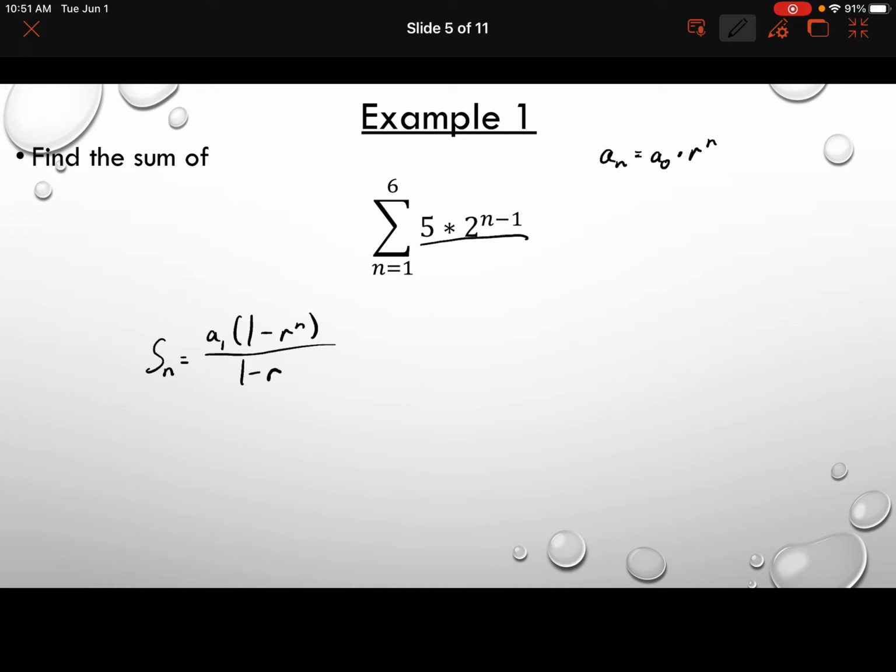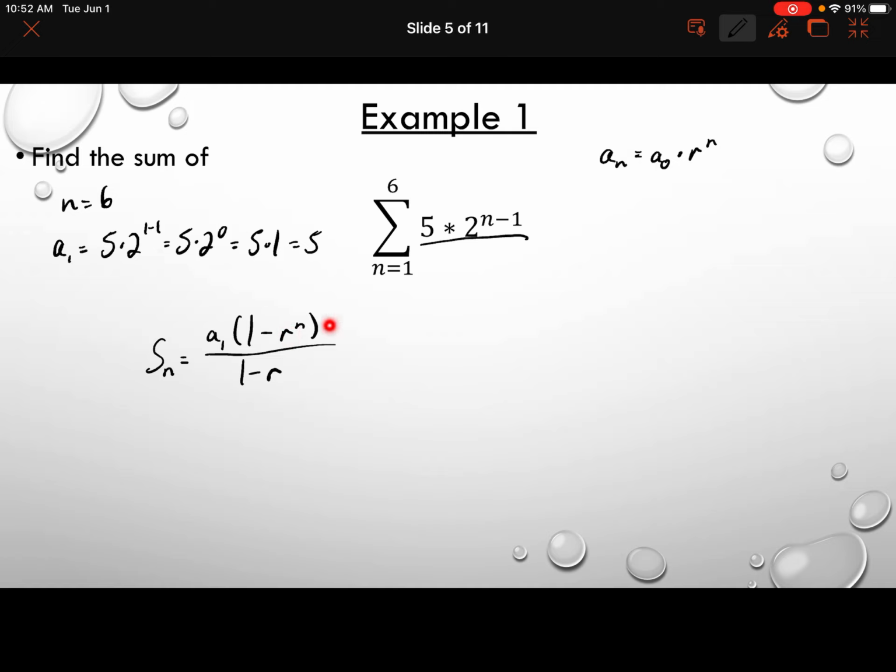So that means we have 6 terms. Do we know the first term? We can calculate it, right? You always find the first term by just plugging it in. If I plug in 1, I get 5 times 2 to the 1 minus 1, so that's 5 times 2 to the 0 power. Well, 2 to the 0 power is just 1. So 5 times 1, which is 5. So a sub 1 is 5.